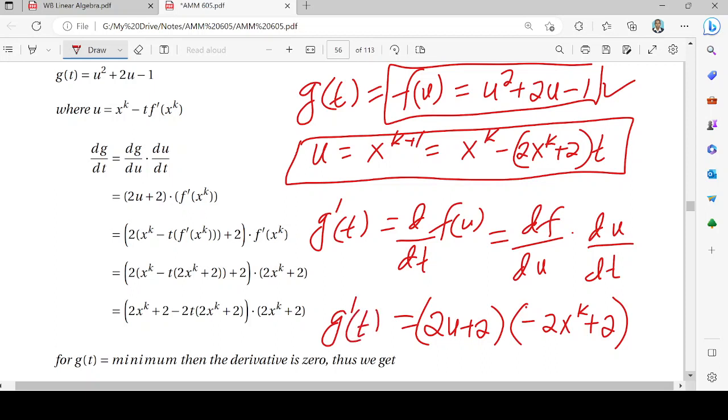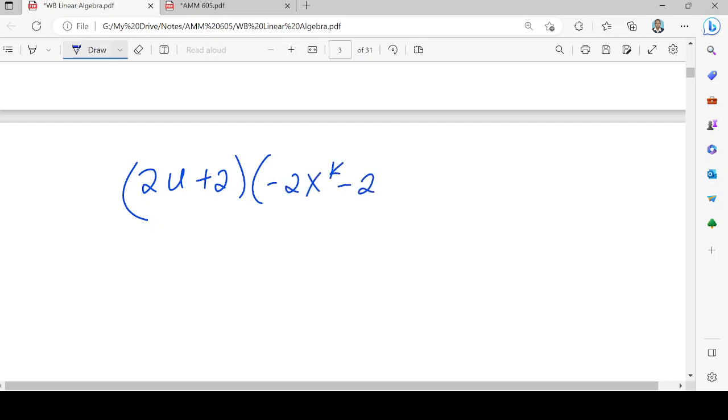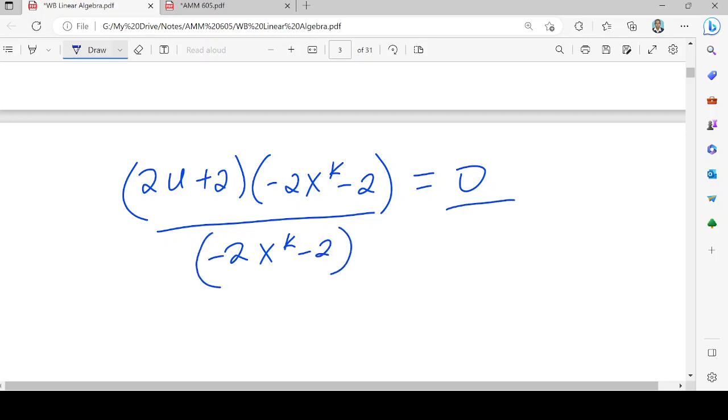So if we want to minimize g, we equate the derivative to 0 and solve the resulting equation. So the derivative that we must equate to 0 is 2u plus 2 multiplying minus 2x k minus 2. We equate this to 0. We divide both sides by the same factor, minus 2x k minus 2.